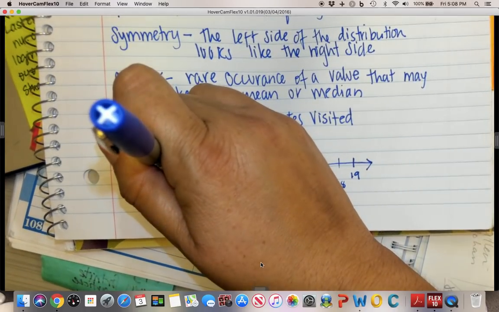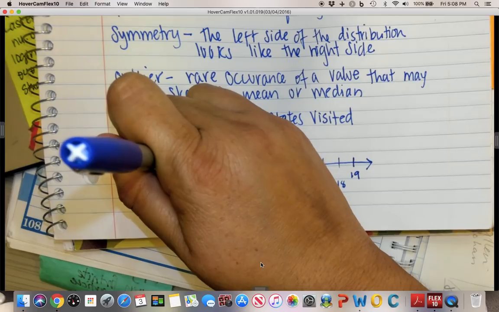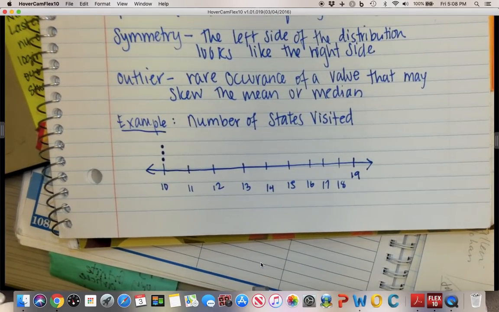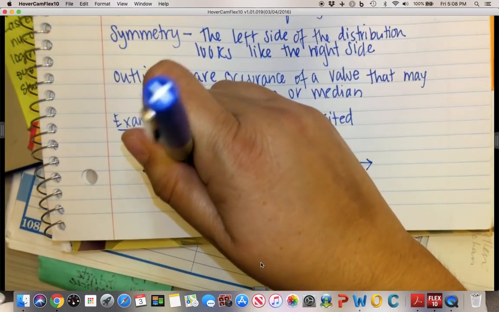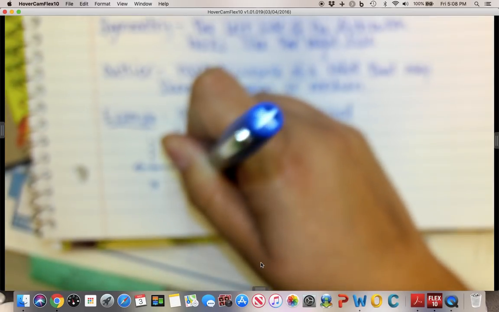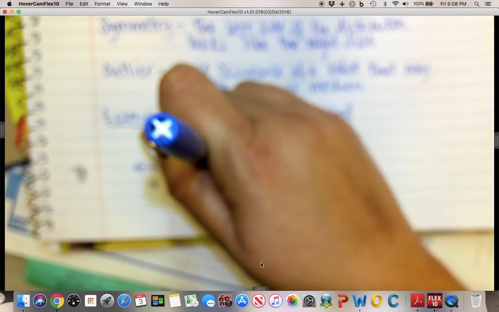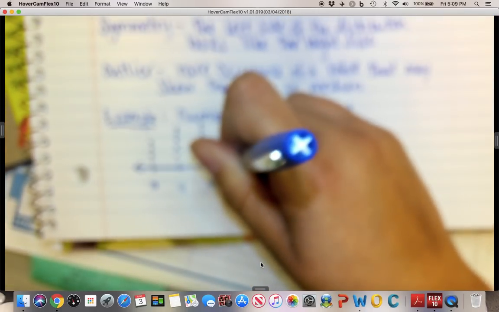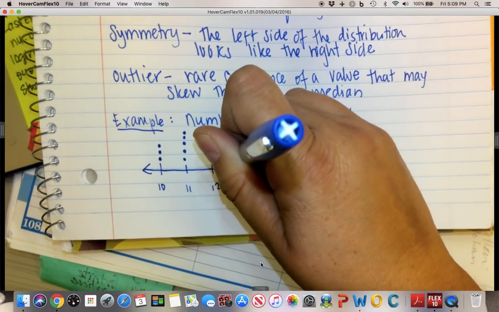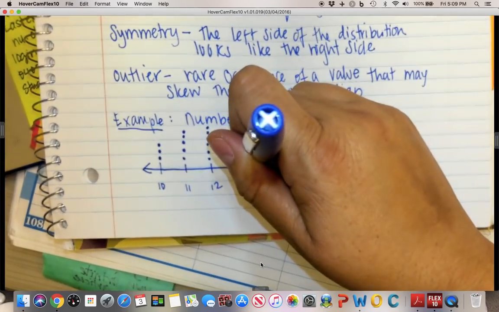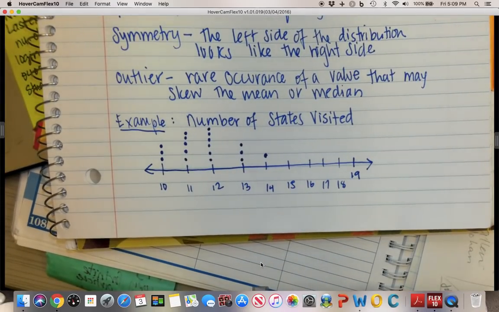Okay, 3 people went to 10 states. 5 people went to 11 states. 6 people went to 12 states. 3 people went to 13 states. 1 person went to 14 states.